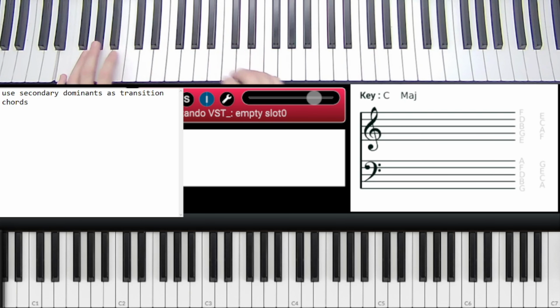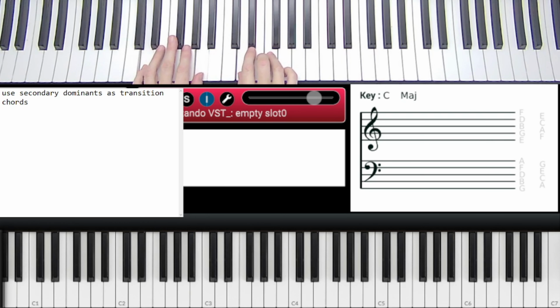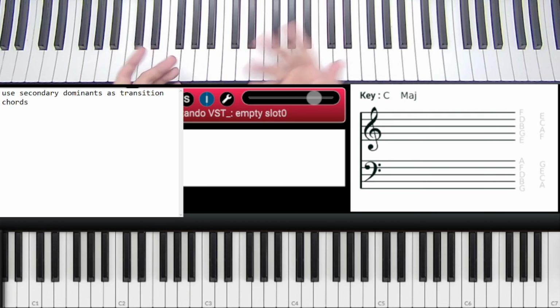Technically it's a form of direct modulation, but I'm thinking in terms of secondary dominance. Let's go to the 2 chord. You'd expect this if you were using a secondary dominant, something like that, and return to C. Well, we're not going to give them that. We'll go to D minor.